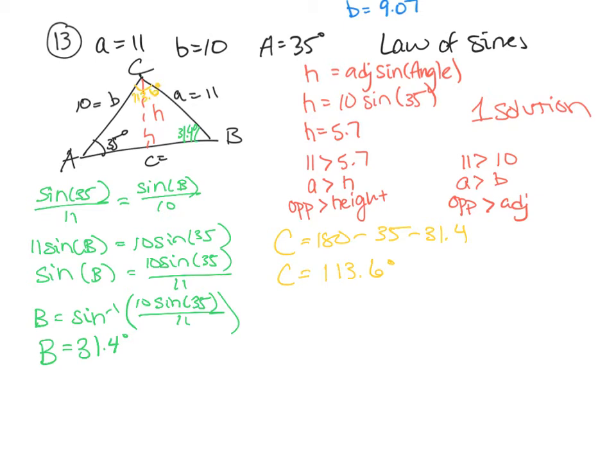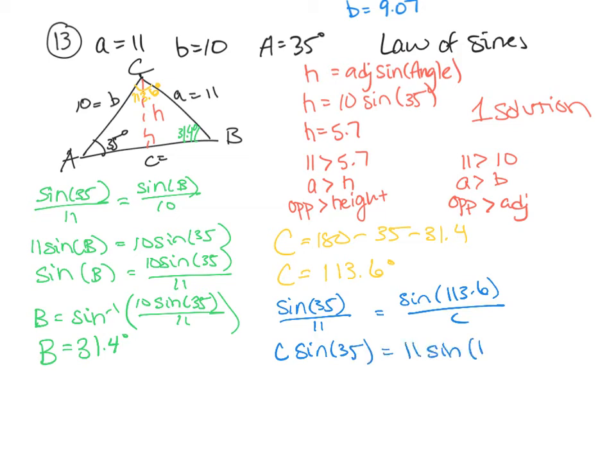And last but not least, let's find side length C. So we'll do sine of 35 over 11 is equal to sine of 113.6 over C. Let's take our steps that we need to do. Let's cross multiply, and divide both sides by sine of 35.